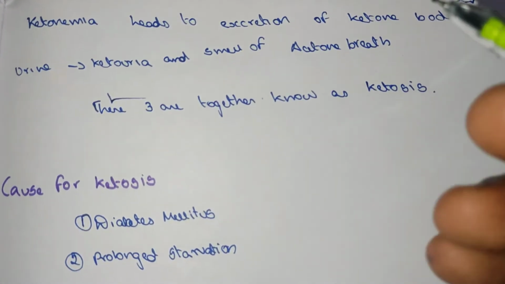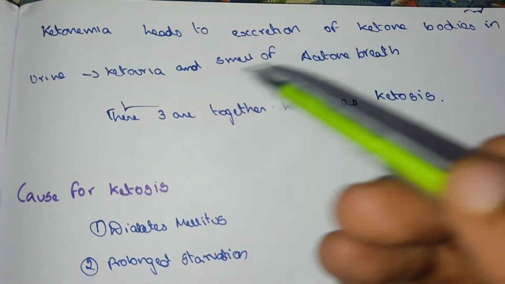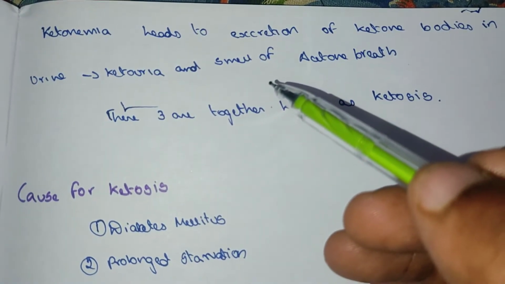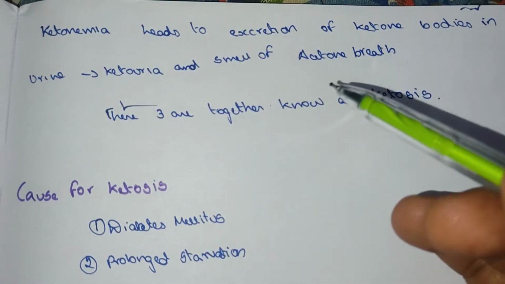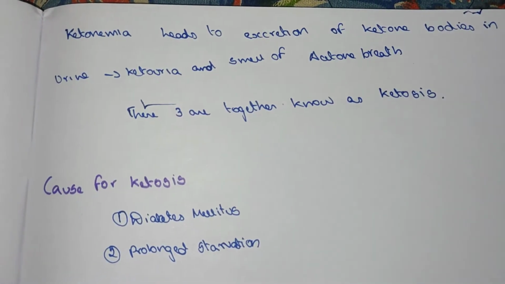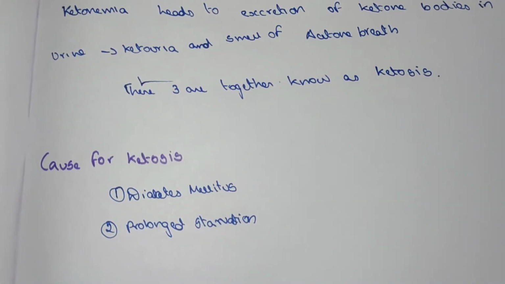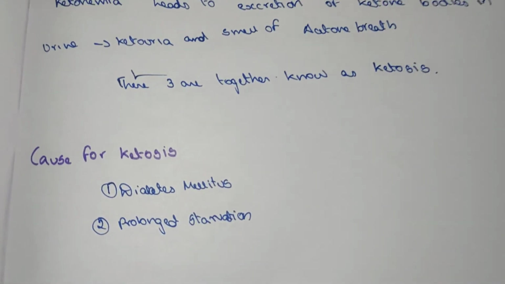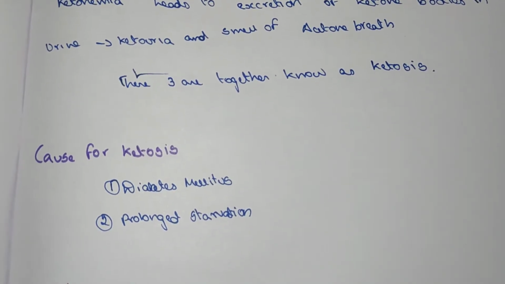This ketonemia leads to the excretion of ketone bodies in the urine, which is known as ketonuria, and a smell in the breath, which is known as acetone breath.